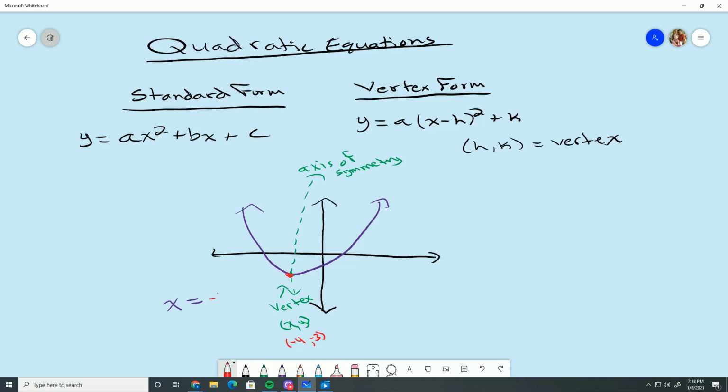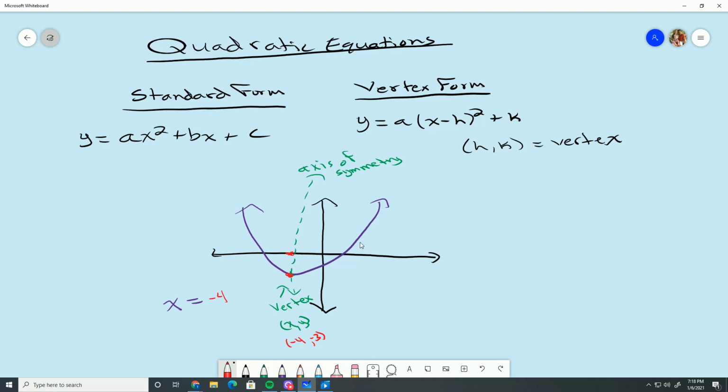What you're saying is my axis of symmetry can be thought of as the line where x is always -4. Where's the line where x is always -4? It's straight up and down directly through the place where x is -4, which would hypothetically be right around in there. Okay.